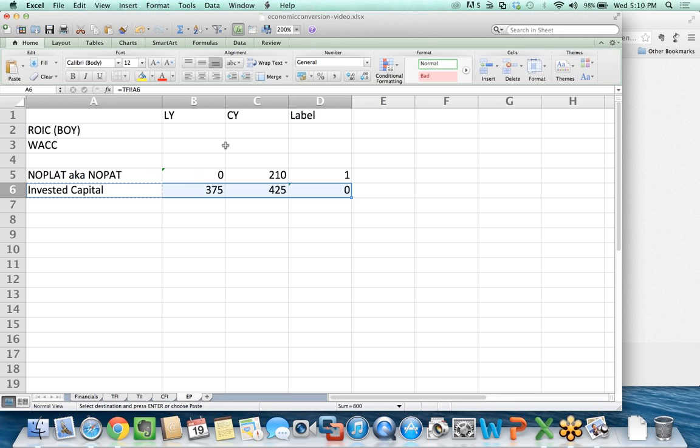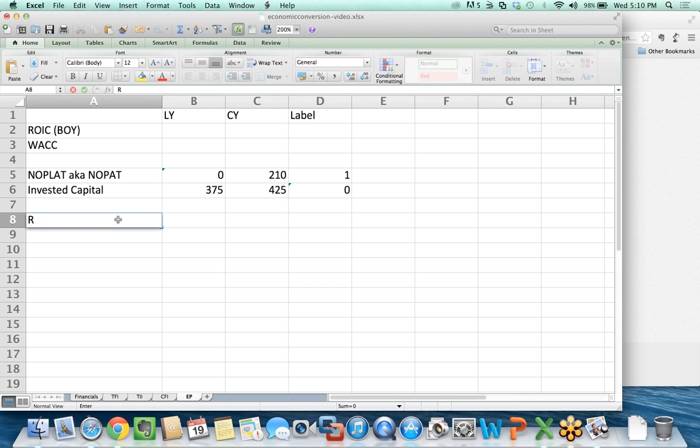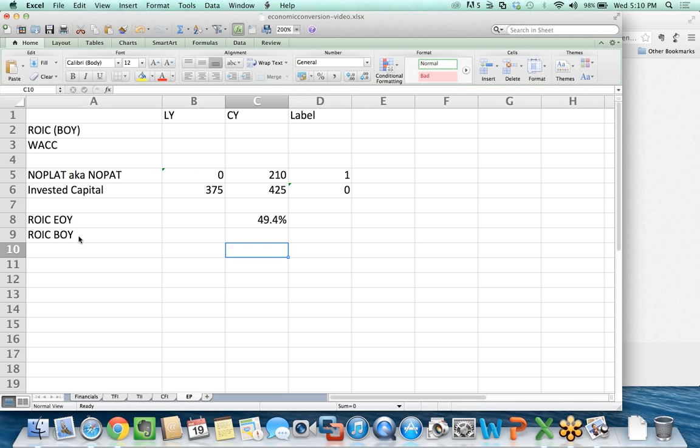Now, there are three ways to calculate ROIC. There is ROIC based on end of year, which is if I take my current year's NOPLAT and divide by my current year's invested capital. In this case it is a percentage. I could do my ROIC based on beginning of year, which is take my current year's NOPLAT and divide by my previous year's invested capital.